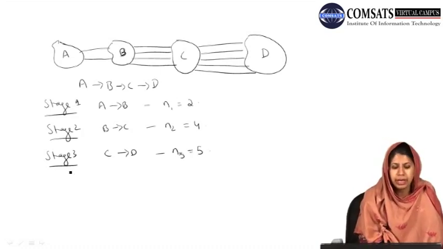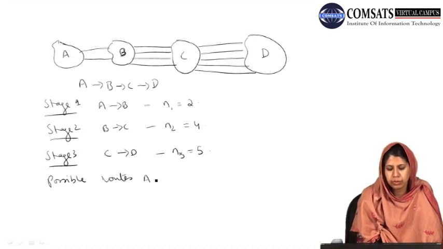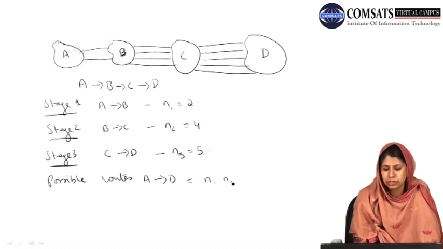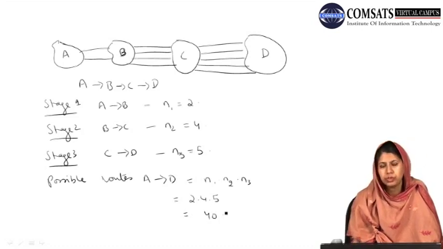So the combined outcomes, or the possible routes from going A to D via B and C, will be nothing but the product of the possible outcomes of each stage, that is n1 into n2 into n3, which is 2 into 4 into 5, which is equal to 40.